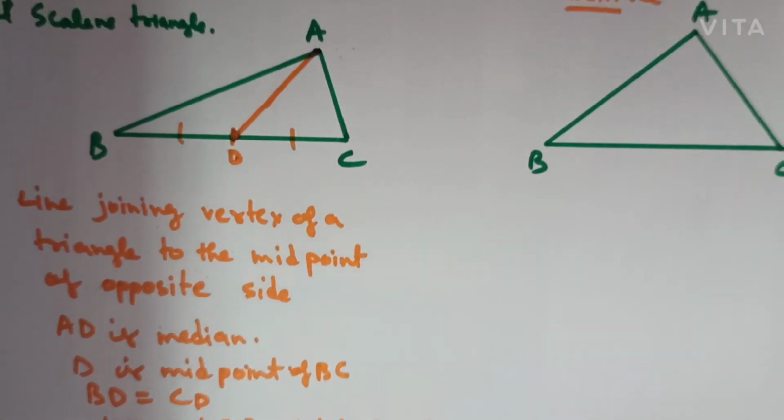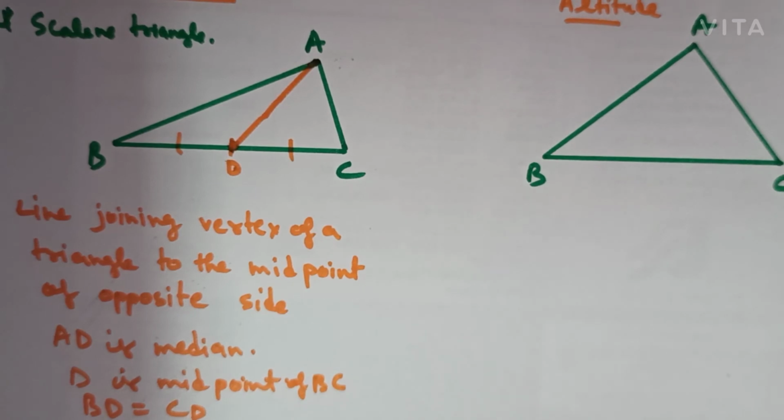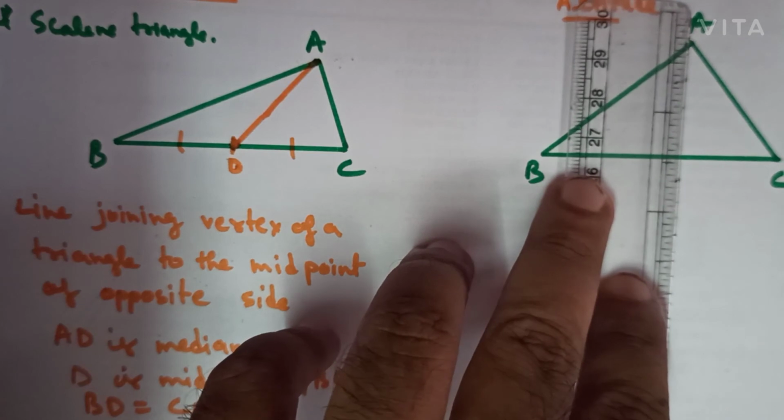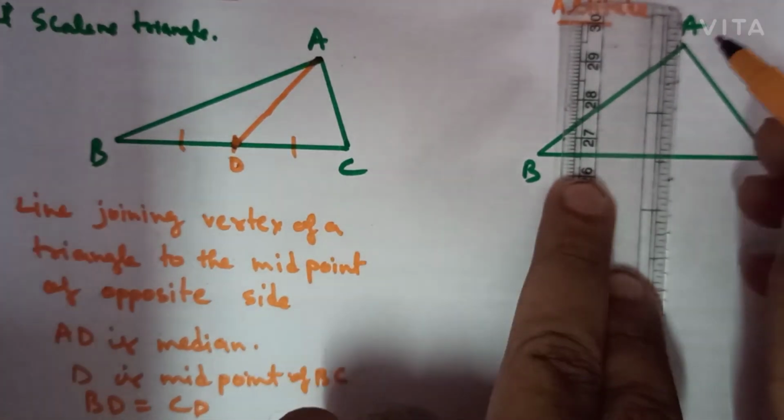Now once we were talking about altitude, altitude is simply the height of the triangle. So if we are drawing the altitude, it is the height of the triangle.